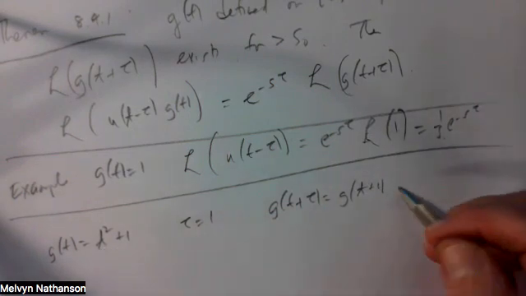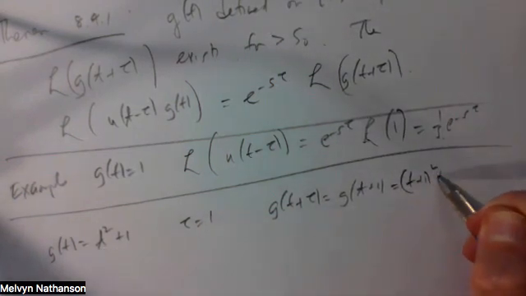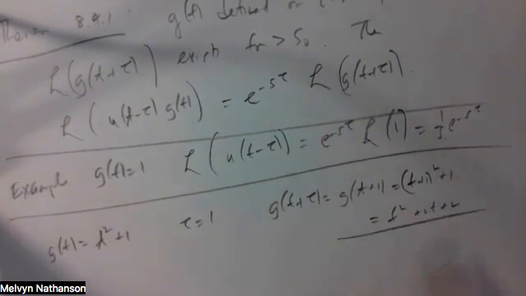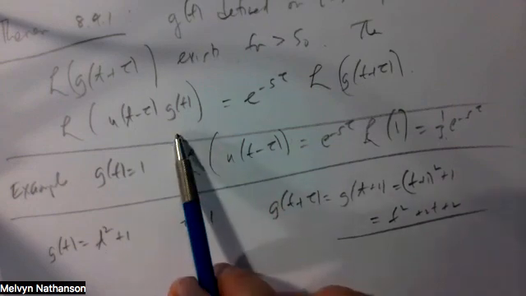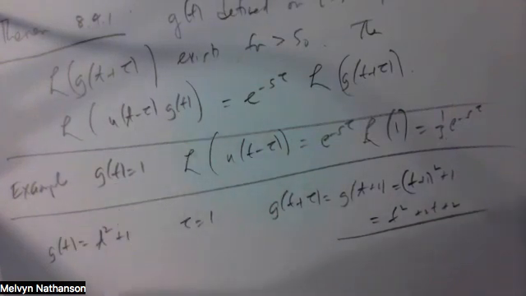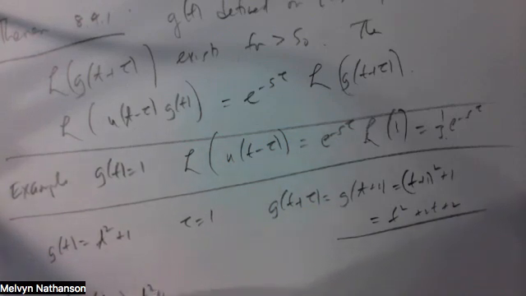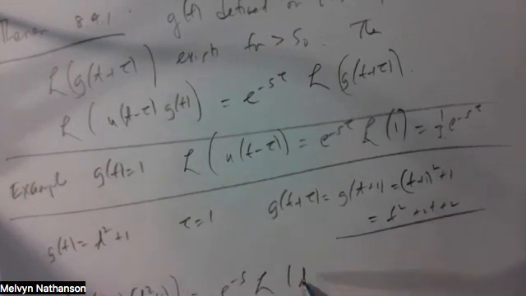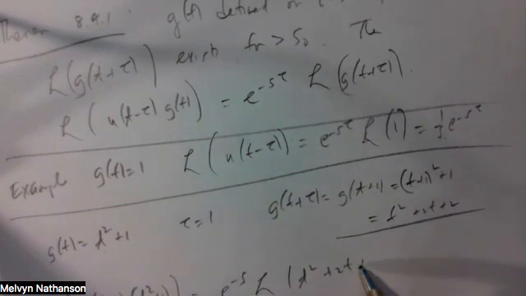When you replace t by t plus 1, you get t plus 1 squared plus 1, which is t squared plus 2t plus 2. So our theorem says that the Laplace transform of u of t minus 1 times t squared plus 1, that's g of t, is e to the minus s tau. Tau is 1, so that's e to the minus s, times the Laplace transform of t squared plus 2t plus 2.